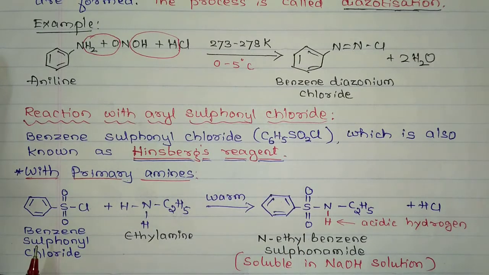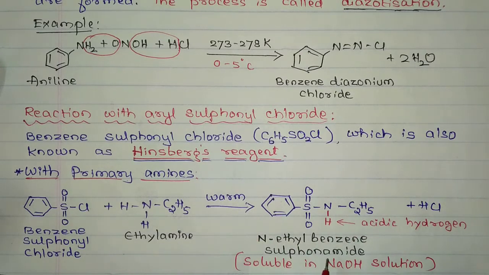First, benzene sulfonyl chloride is warmed with ethylamine. You are going to get N-ethyl sulfonamide, as it contains acidic hydrogen on the nitrogen atom, which is attached to the electron withdrawing sulfonyl group, or SO2 group. It is soluble in sodium hydroxide solution.